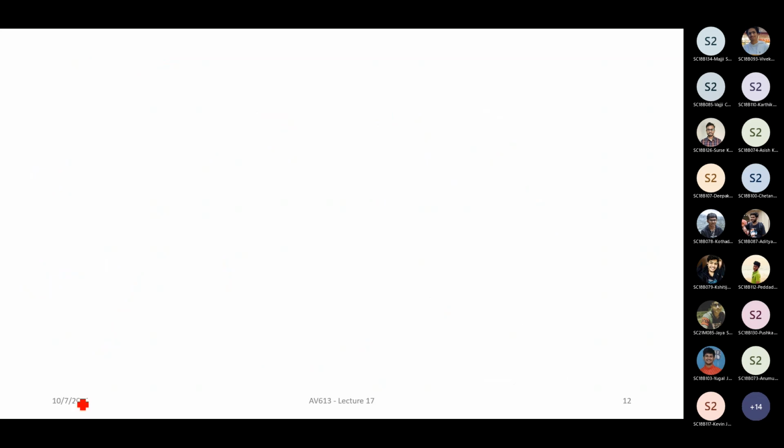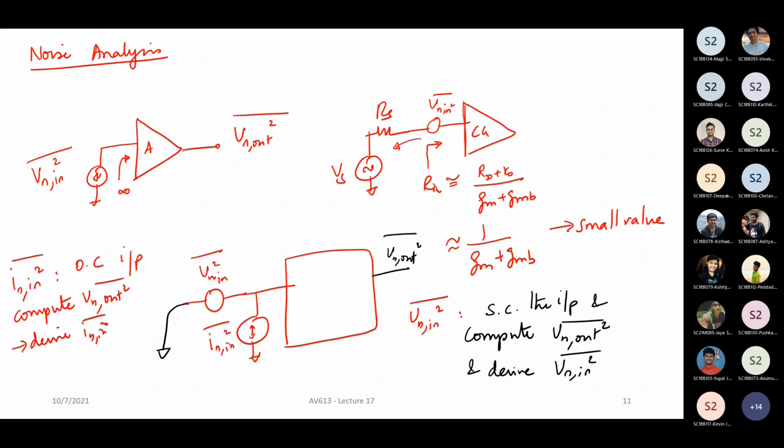So for this particular analysis, let's say we have RD, this is here, VB, and this is going to be the Vn. Now, in order to compute the input referred noise voltage power spectral density, what do we do?